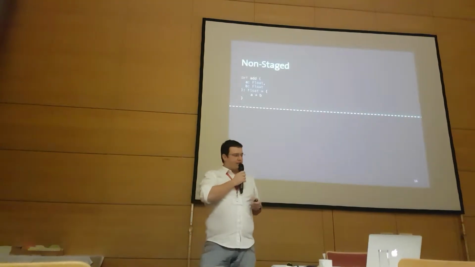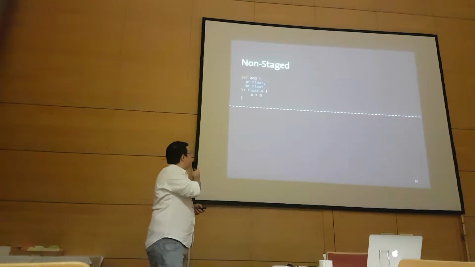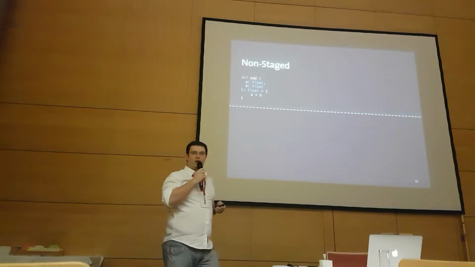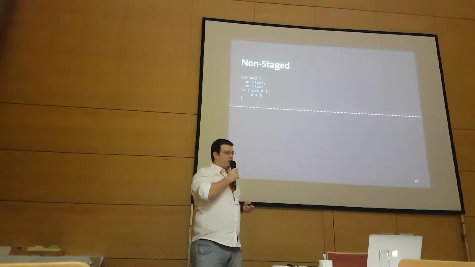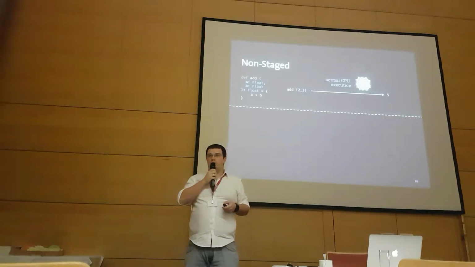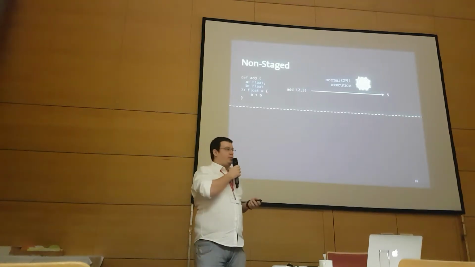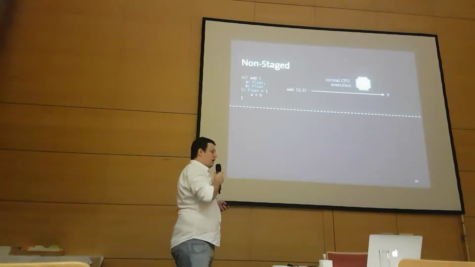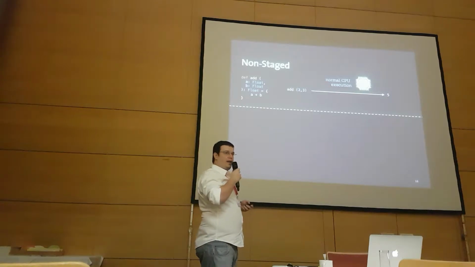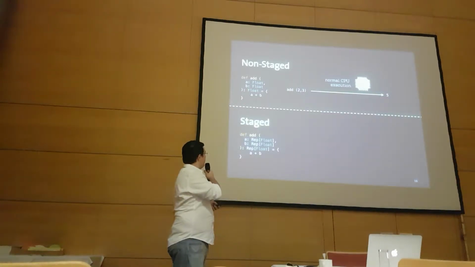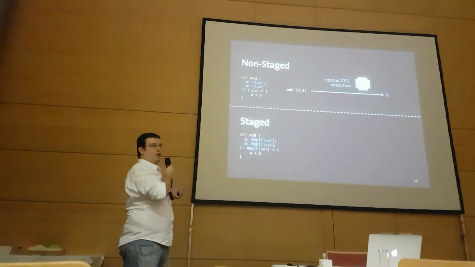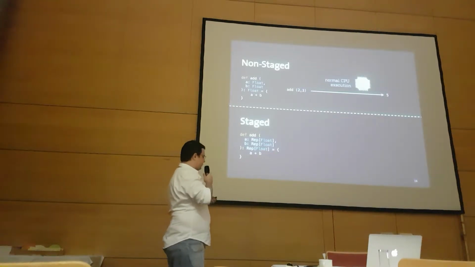So let's consider a very simple example. Consider this function which adds two floats. If we execute this function in the Scala language, what we're going to get is normal CPU execution, and the result of adding 2 and 3 will be output, which in this case is 5. If we go to the staging world, and in particular LMS, we can change this by just switching the types from Float to Rep[Float], or representation of floats.